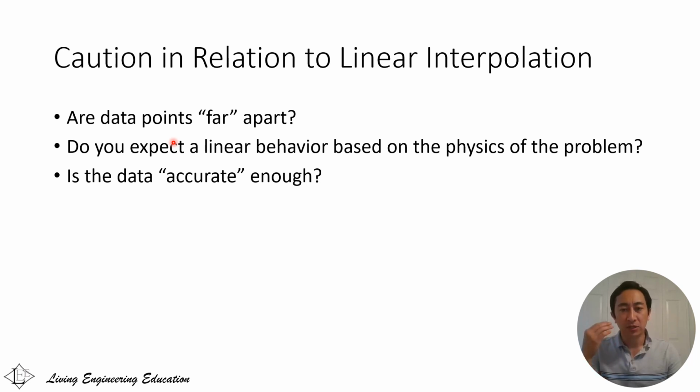So actually having some knowledge of what the problem you're looking at is extremely important. And the reason why when you have points that are further apart, it becomes more difficult for interpolation to be accurate is unless the physics of the problem actually is linear, the wider apart you are, the less accurate you'll be.